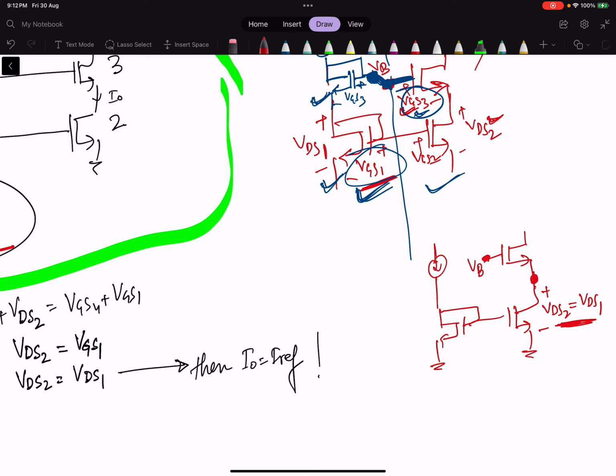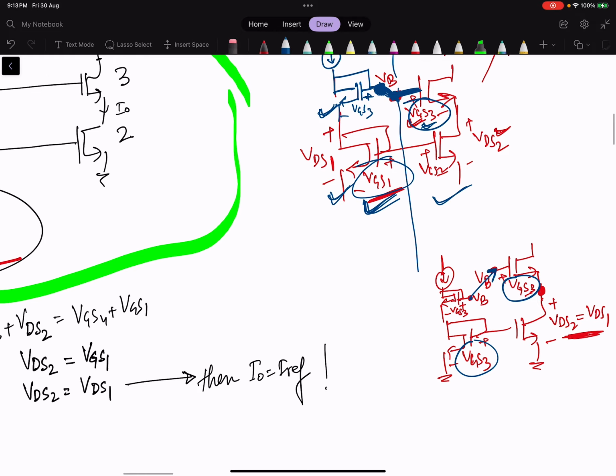This is the bias voltage, and this is VGS3 and this is VGS1. So we need these two voltages. For that we have created one more. We have removed this, added one more here, and generated VGS3 here, and this is VB. So we have connected this here. By this way we get VB also.